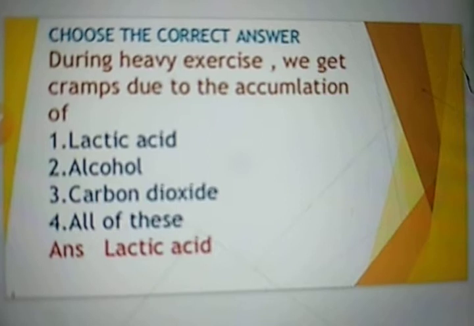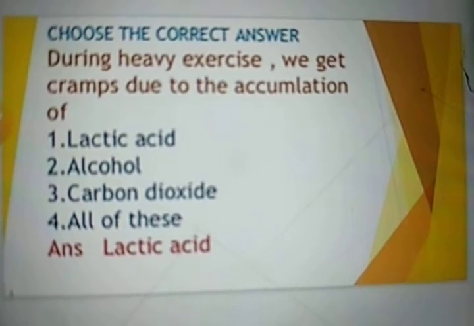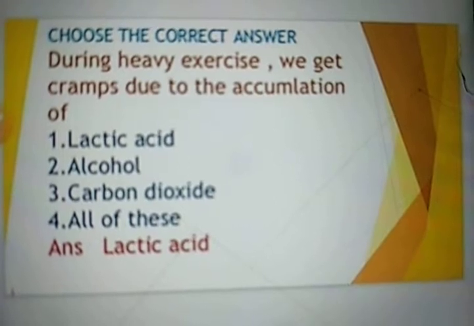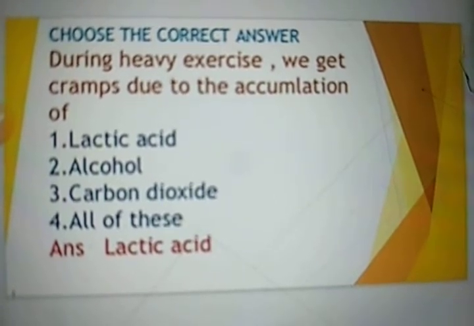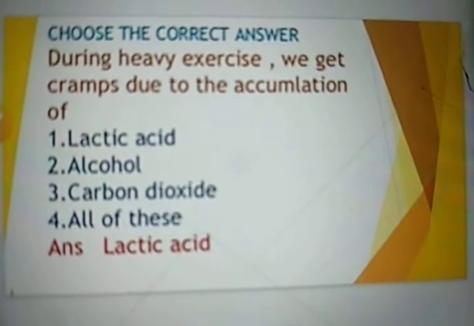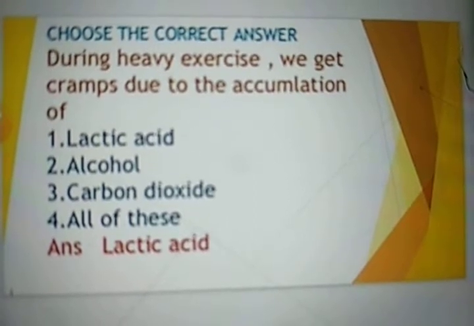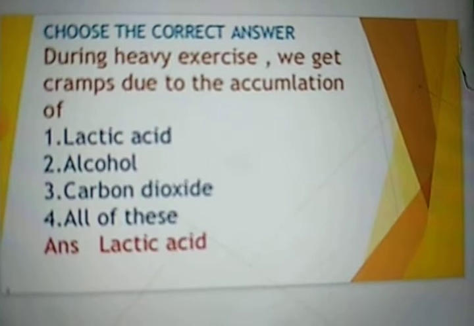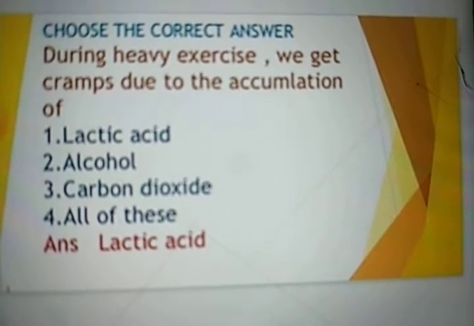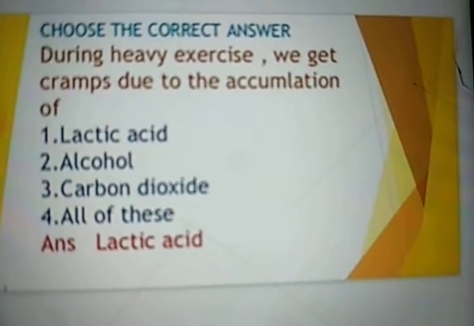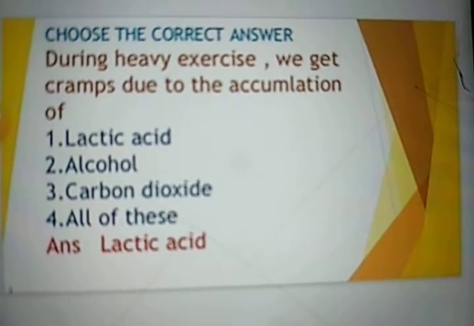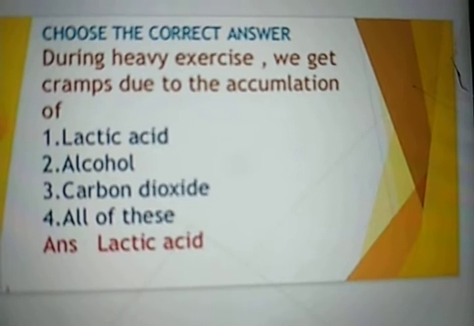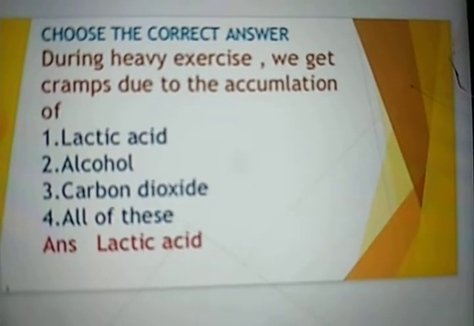This lactic acid gets accumulated within the muscles, and at that time we feel pain and also get cramps. While performing physical activity like running or exercise, we respire very fast but do not get sufficient oxygen.